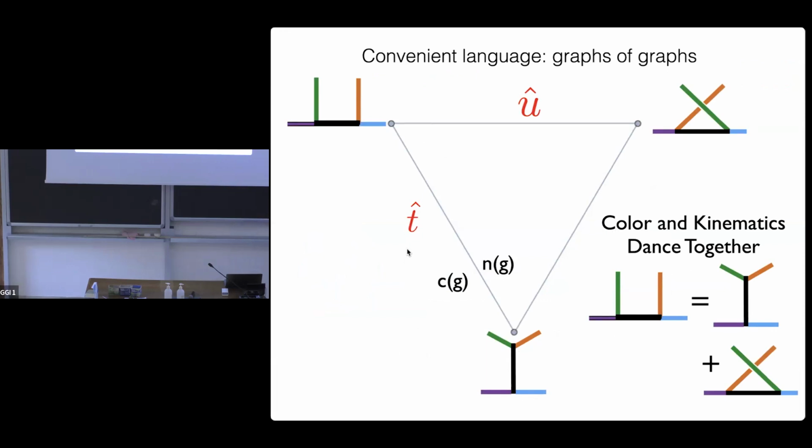And so a U hat will simply permute two of the edges around, violating the color order. The T hat will pinch and open up, preserving the color order. And in these graphs of graphs, every time you see a triangle, this is an occasion for a Jacobi relation to be satisfied or violated.